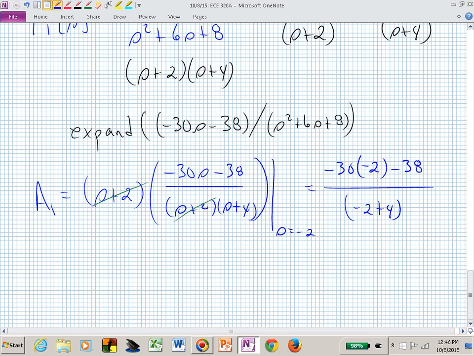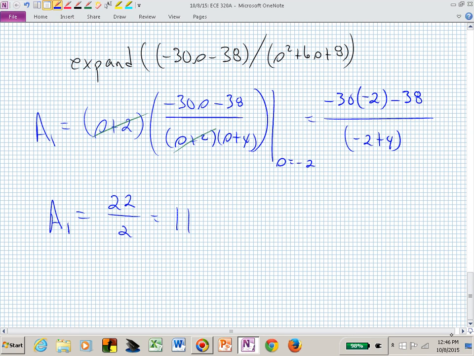Or we now have 60 minus 38. That's almost minus 40. It would be 20 if it was 40. So we now have 2 more than that. It's actually 22 over 2, or A sub 1 is 11. And hopefully your calculator is turning that out. Is that true? Okay.